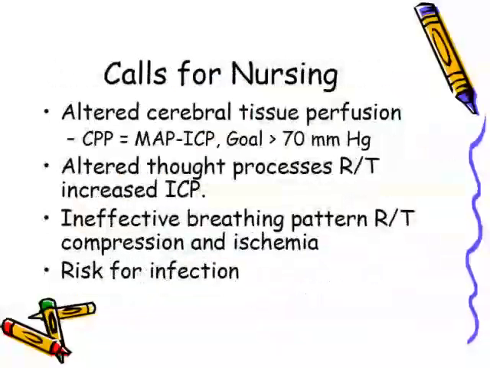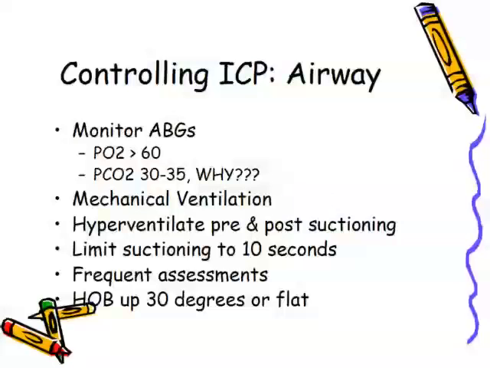Some calls for nursing with these patients are listed here: altered cerebral tissue perfusion, thought processes, ineffective breathing patterns, and risk for infection. We talked about one way to control ICP was through the airway. If the patient is on a vent, the gases can actually be manipulated by the vent settings in order to keep the PO2 over 60 and to keep the CO2 less than 30 to 35.